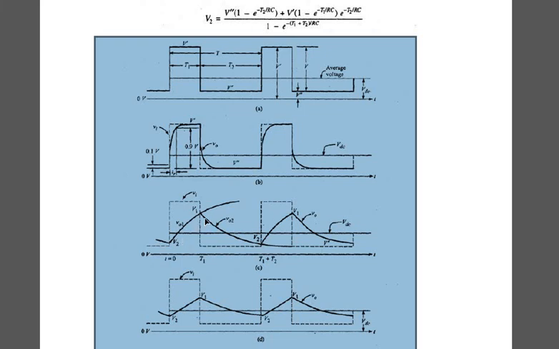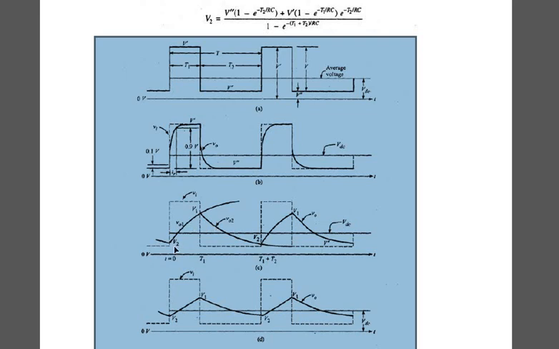Then the third one, the last one: the third condition is that your RC is greater than your T. If the time constant is larger than the period of your input square waveform, then the output consists of exponential sections which are essentially linear.